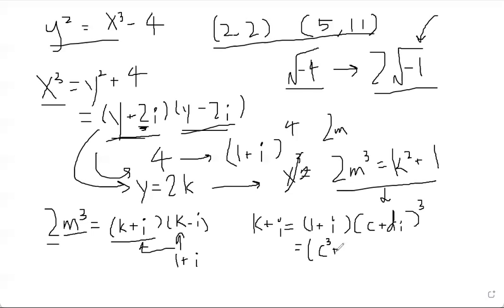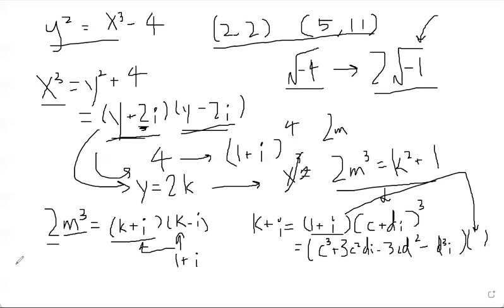This would be c cubed plus 2c squared d i minus 3cd squared minus d cubed. And then we multiply by 1 plus i. Now, what does this equal?